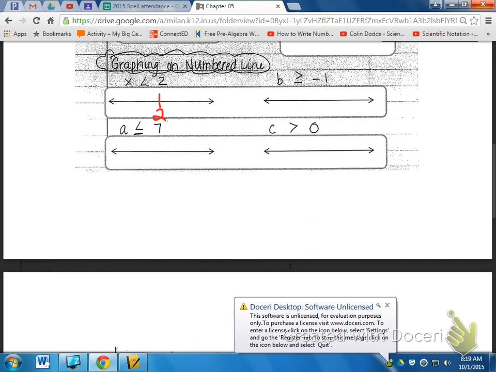When it says less than, it's an open. And then you decide which way to shade. It's pointing left, and it's less than, so you're going to shade left. Just like that. And then you're going to be done. When we grade this, we'll grade what kind of circle and which way you shaded.